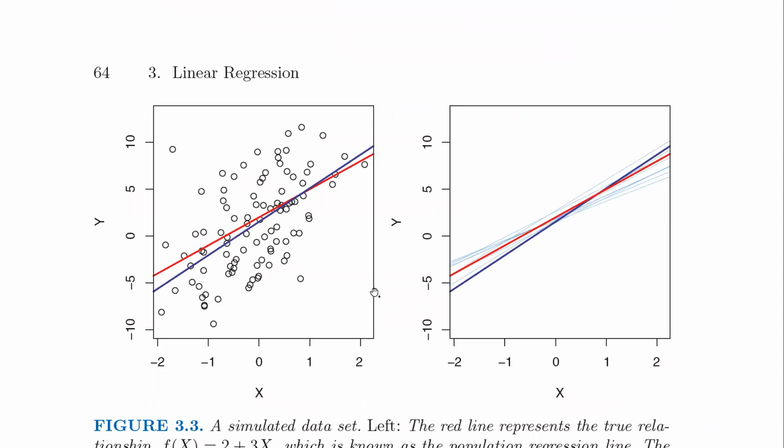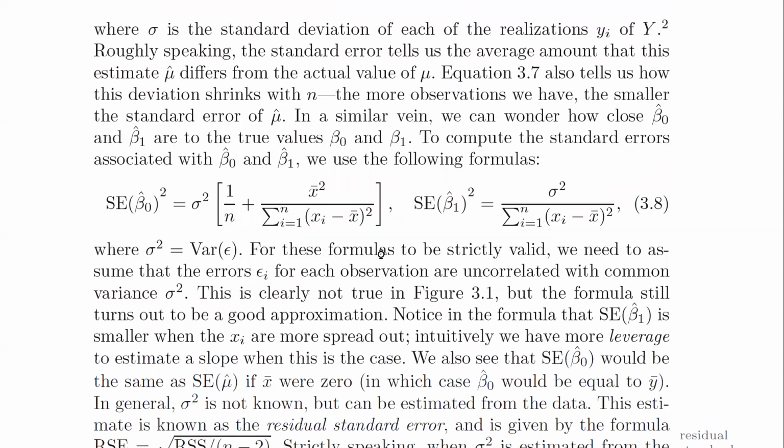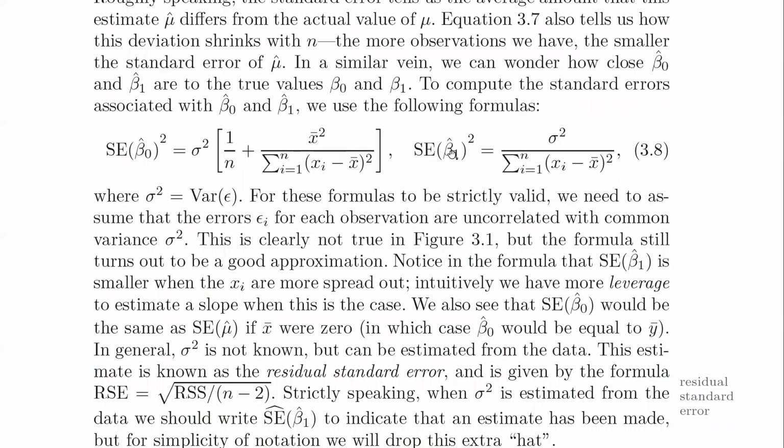That's why we have the error term. And we're saying that to calculate the standard error in our estimate of the slope, we need to divide the variance, so the variability, of epsilon.